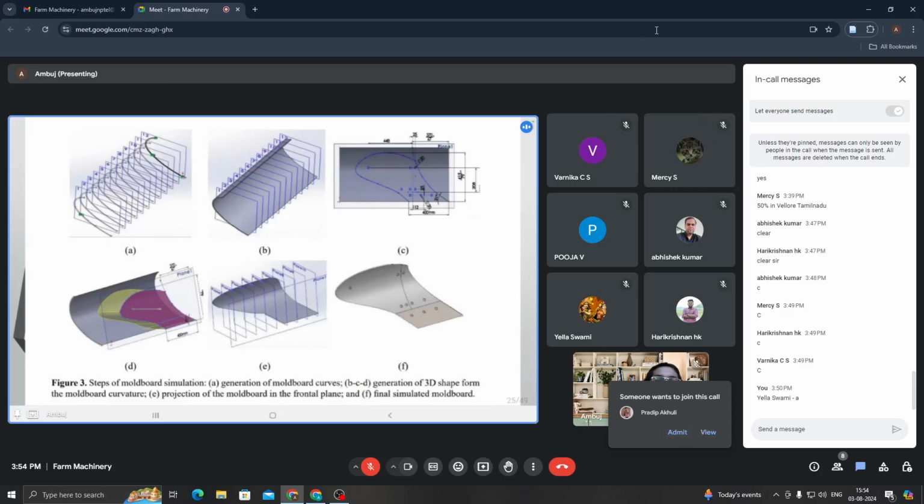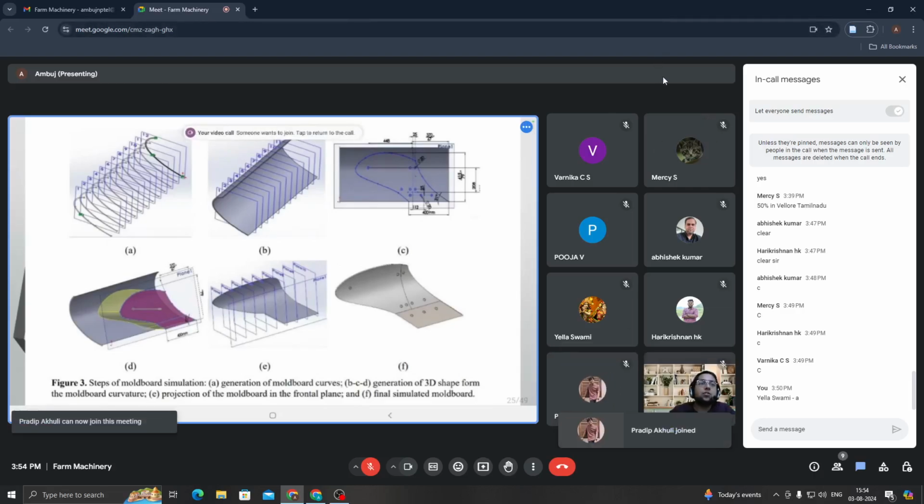here we have modeled the slices, to form a particular curvature or a section. Why is the wing of the moldboard plow of a certain shape? This is the answer to that particular question.